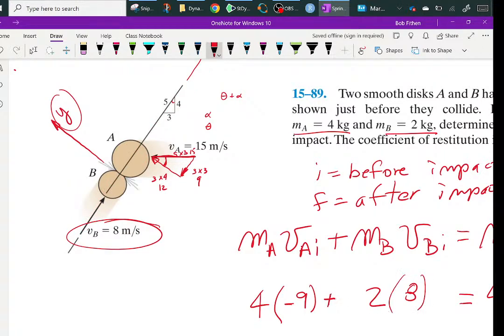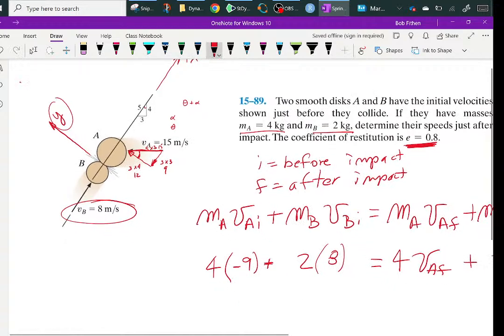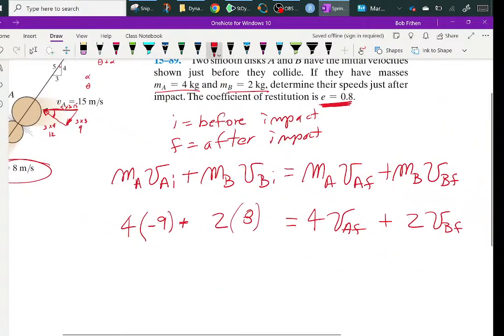So I got my right hand side. The problem is that I don't know this one or this one, and at this point I only have one equation.